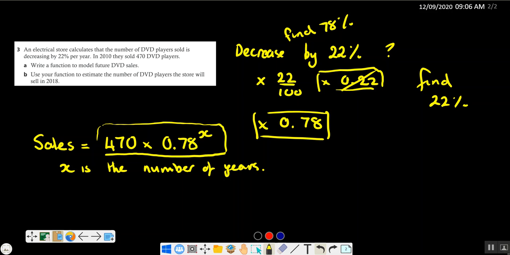What do all exponential functions have as a property? They have an asymptote. Where is the asymptote? On the x-axis, which means when y is 0. If I add C, it shifts up or drops the asymptote. But if I add an asymptote that's not 0 in this case, what am I saying? Sales will never be 0.